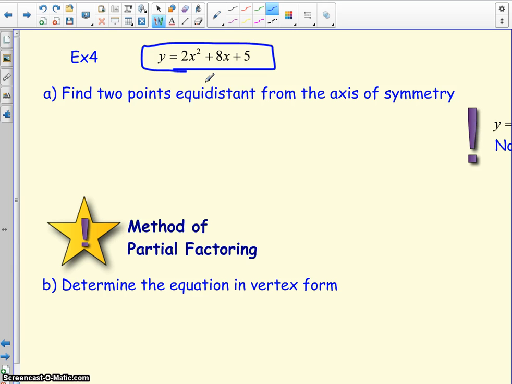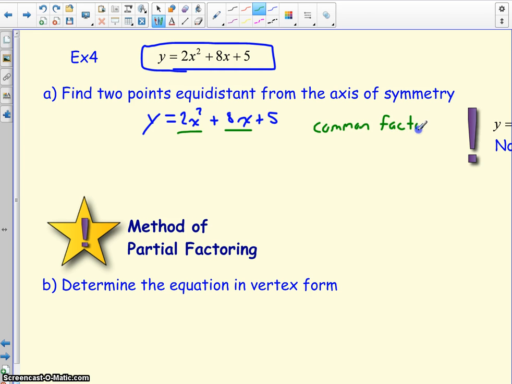And the absolute easiest way to put things into partially factored form, I'm going to start by writing out the equation here. 2x squared plus 8x plus 5. So I'm going to completely ignore the constant, the 5 here, and I'm going to look at the 2x squared and the 8x, and I'm going to common factor them. There's always going to be at least something you can take out, because at the very least they both have an x in them.